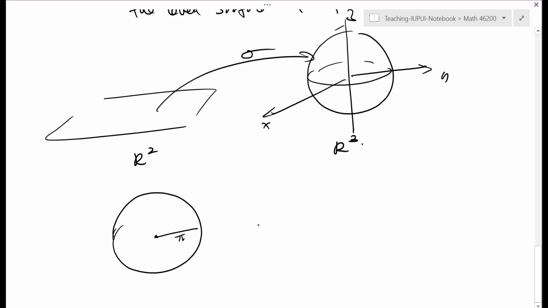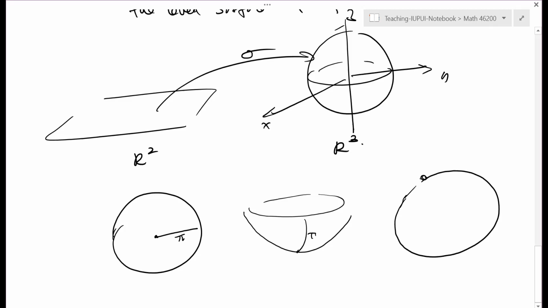Then you shrink it, compressing the top end, making the circle smaller and smaller, and finally you only get to 1 point.